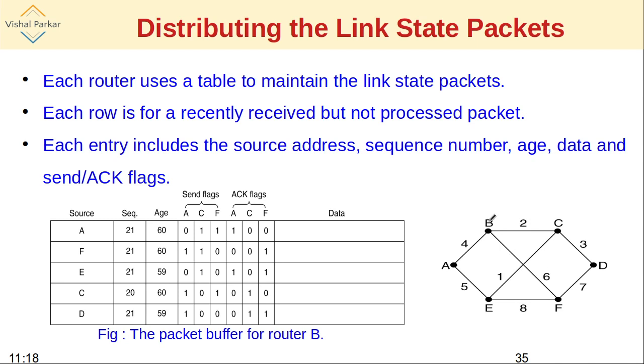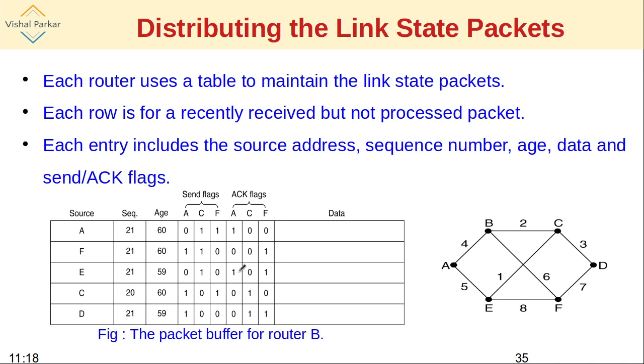So B knows that the packet has been received from the neighbors A and F, and that's why B is not attempting to send that link state packet back to A and F, and correspondingly the send flags for A and F are 0 and B is only sending that packet to C. That's why the send flag for C is 1.